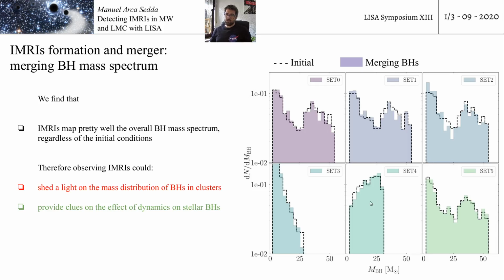As you can see, in all the cases the merging black holes tend to map out the adopted initial mass function, meaning that we can use IMRIs to get insights on the black hole mass distribution in the star cluster, and on the effect of dynamics onto such a population. Whether, for instance, black holes preserve their stellar evolution mass spectrum, or they arrange in a more exotic mass distribution because of the effect of dynamics.